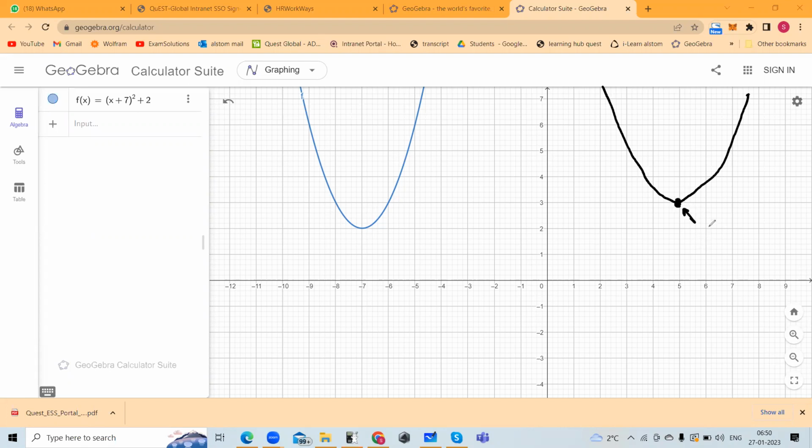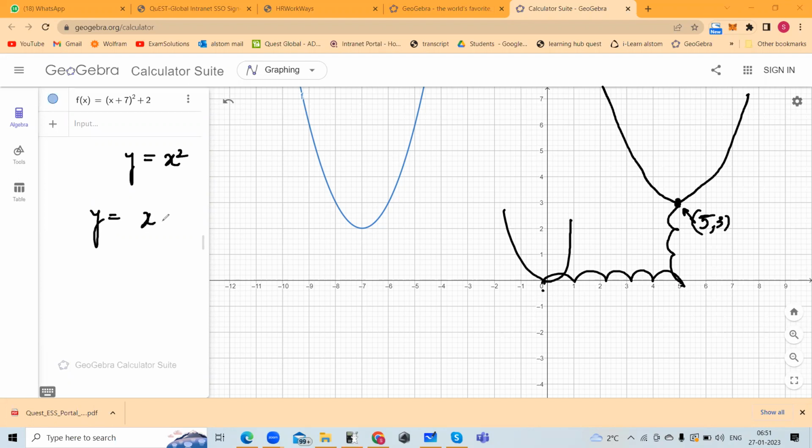It's at 5 comma 3. Right. Since the basic parabola is y equals x squared, I can shift it 5 units to the right and 3 units up, right? So what should I write?